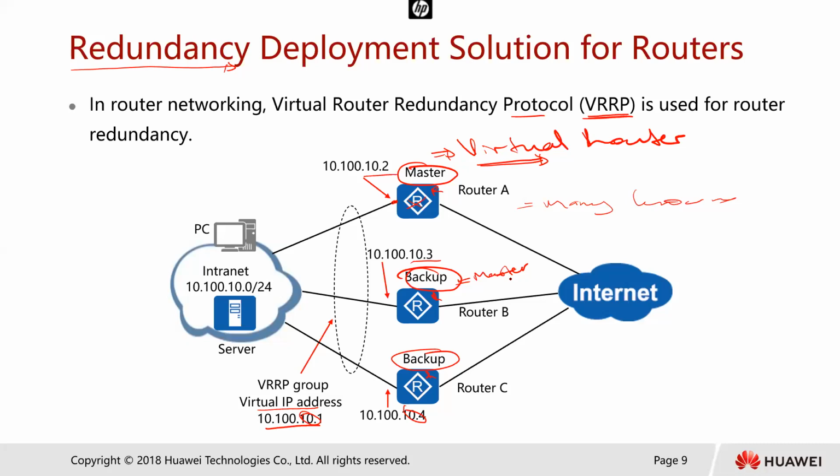Because the VRRP hello packets are in multicast mode, and we are broadcasting to many, the routers in the VRRP group must be interconnected through layer 2 devices, because we don't have to do any kind of layer 3 routing, same network broadcast domain. So we must connect these using switches or layer 2 devices.